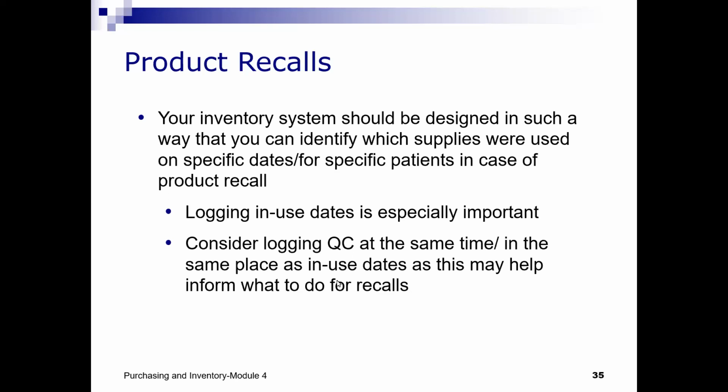This is the QC at the time, which can help suggest whether it was reliable or not. And you should be able to figure out which patients were affected through your own records. So sometimes it is helpful to have both the in-use dates and the QC in the same form, because that way you can go back to that spreadsheet if there's a recall. Hopefully this doesn't happen too often, but it does make life a lot easier if your records are in order when it does happen.